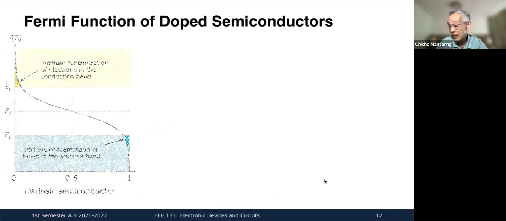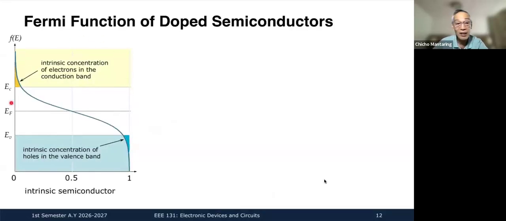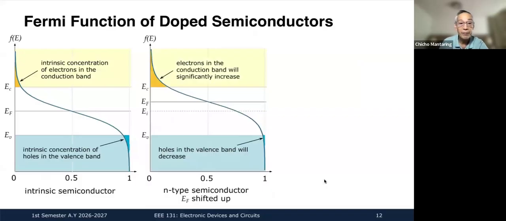Okay, to summarize, ito intrinsic at room temperature. So meron tayong carriers dito, konting N, meron tayong carriers dito, konting P, pero konting-konti lang. Those are your intrinsic carriers. Anong mayayari sa N-type? Yung EF ko, nag-shift up. So itong buong curve na to, mag-shift up yan. No? It will shift up. So this is now my new curve. What happened to the number of holes? No?